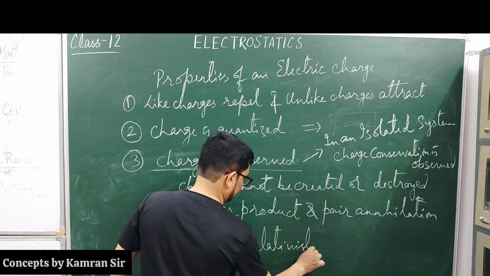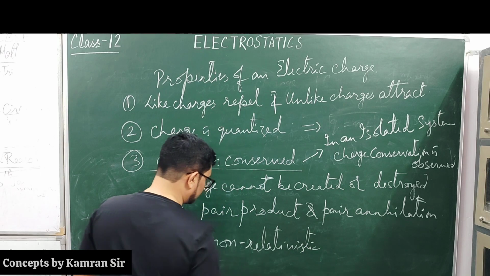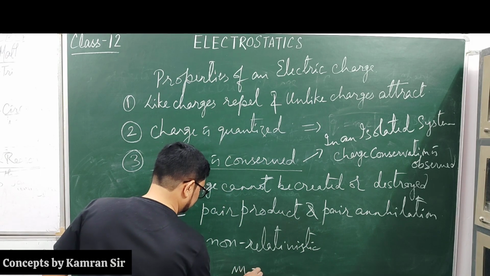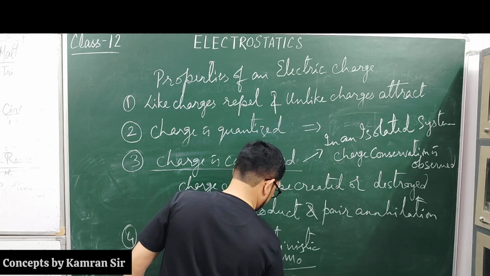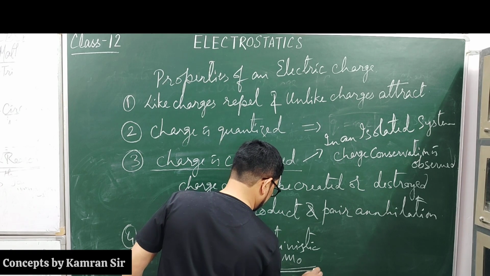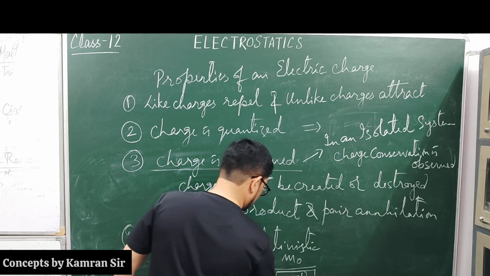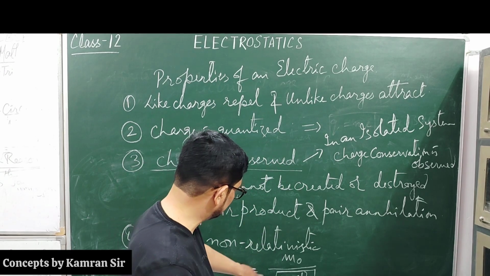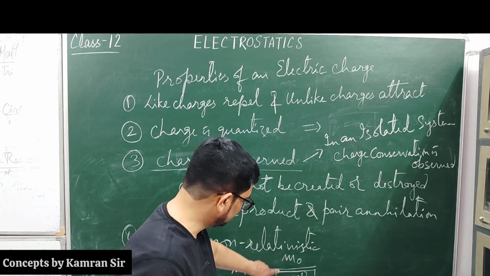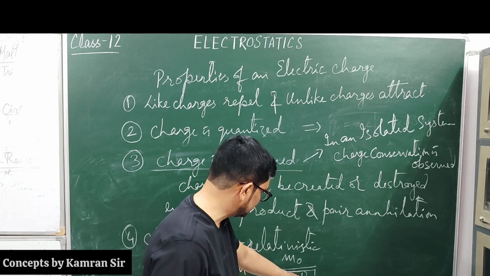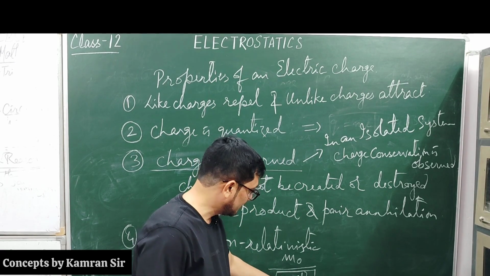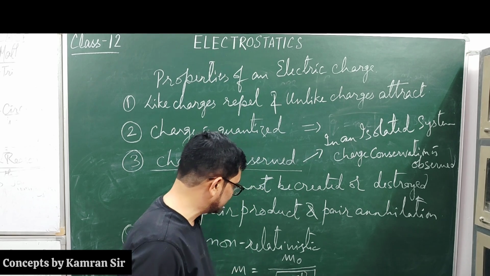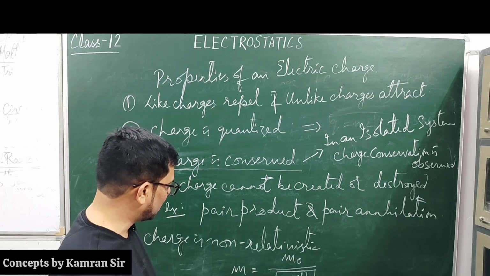So what does this mean? We know the mass of any body changes, and this change depends upon the speed. We have a famous equation: mass is equal to mass at rest divided by the square root of 1 minus v squared by c squared. c is the velocity of light and v is the speed with which the particle or body is traveling.